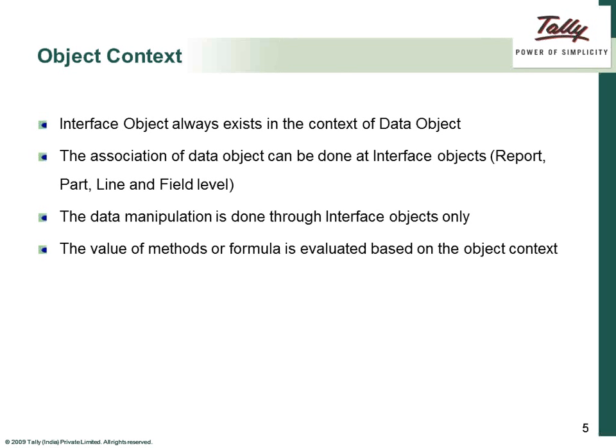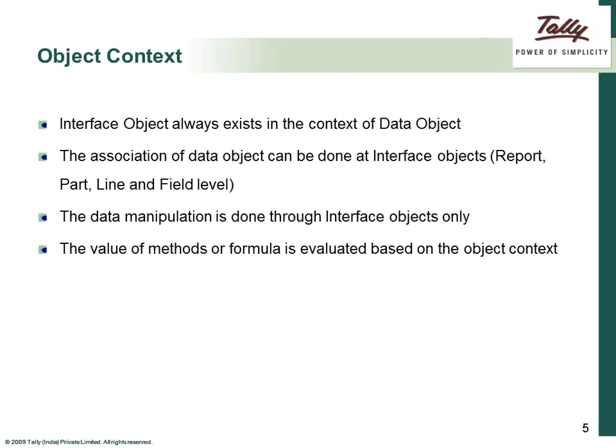Depending upon the utility of the report or the requirement of the output, you can have the connectivity at the report level. At the report level, you might simply call one object's details and showcase it. However, depending upon the utilities, you might have to connect something at your line level or at your path level. 90% of the time, the connectivity of the data object will be at the line level.